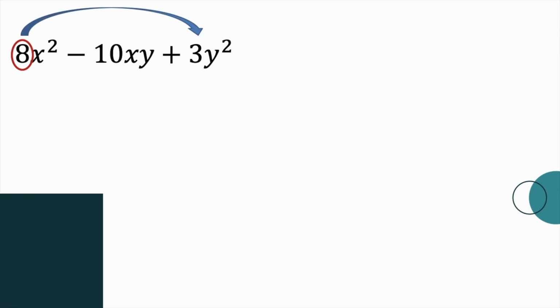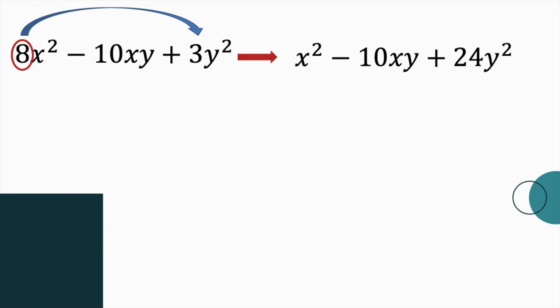Let's proceed to example number 4. 8x squared minus 10xy plus 3y squared. Removing the leading coefficient 8 and multiplying it to the third term will give us x squared minus 10xy plus 24y squared.